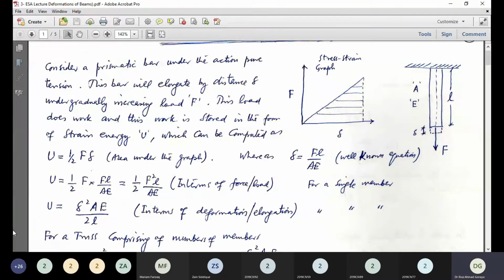Now this is the strain energy in a single bar.